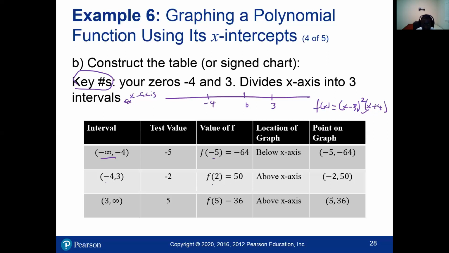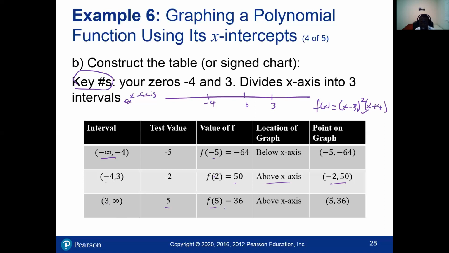Or in this case, if I use -2, that gives me 50. So the point on the graph is -2, 50, and because it's positive, it is above the x-axis. And last but not least, the interval 3 to +infinity, we use say 5.